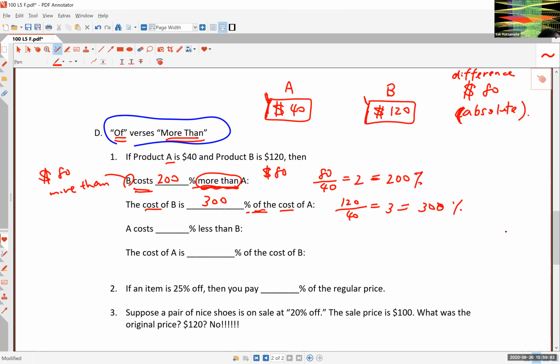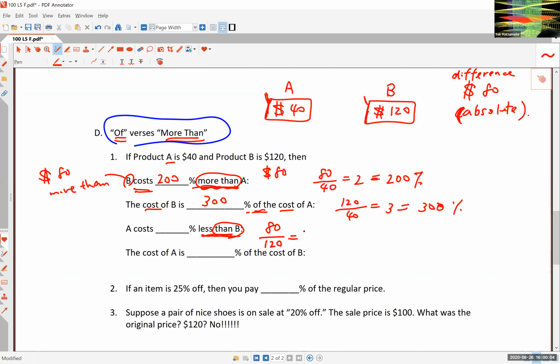All right. Now, A is the cheaper one. A costs what percent less than B? Well, remember when we say less than, we are using that ratio, the difference, 80. But this time, less than B. So the price of B is the reference number. Well, that's 120.